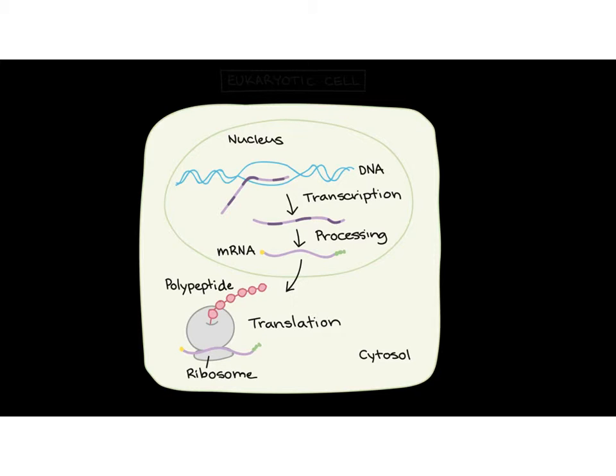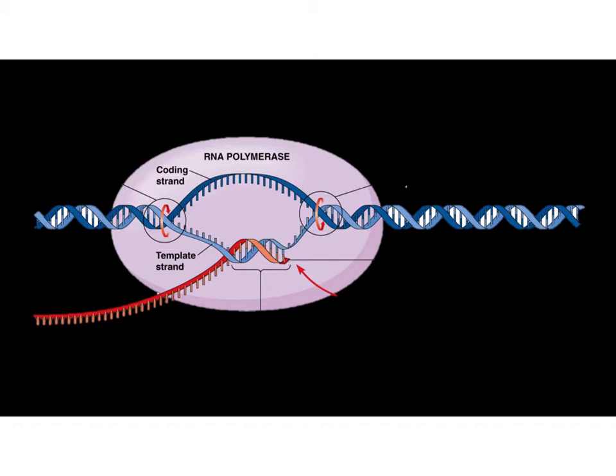So ribosome hosting rRNA, ribosomal RNA, and transfer RNA is in the cytosol as well. And we have our messenger RNA created in the nucleus and then pushed out of the nucleus into the cytosol to be translated by the ribosome.